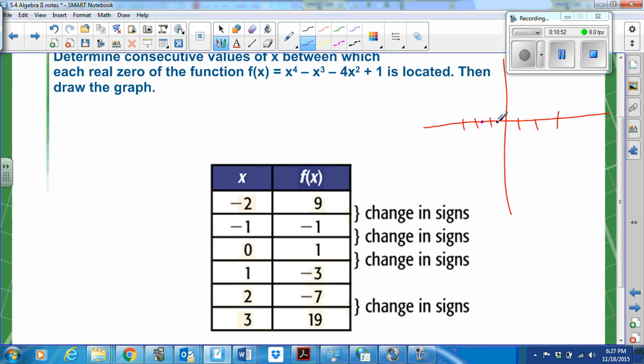And then again between 2 and 3. So let's see, between -2 and -1, between -1 and 0, between 0 and 1, that's the one I forgot. And so we have 4 zeros that have to occur in this function.